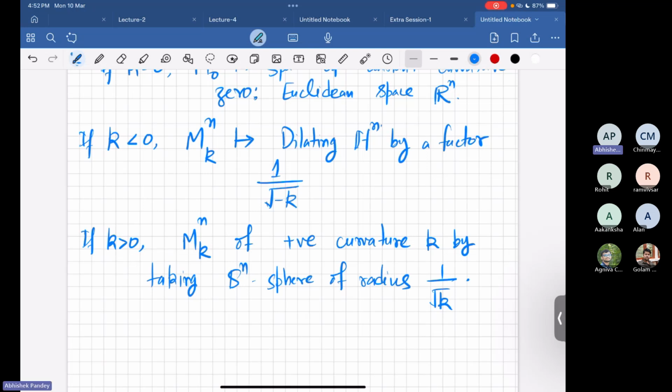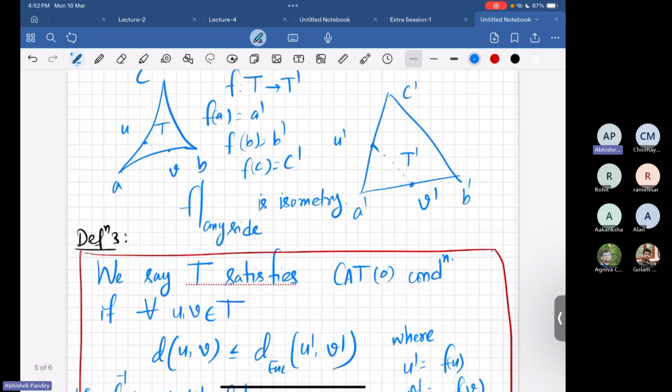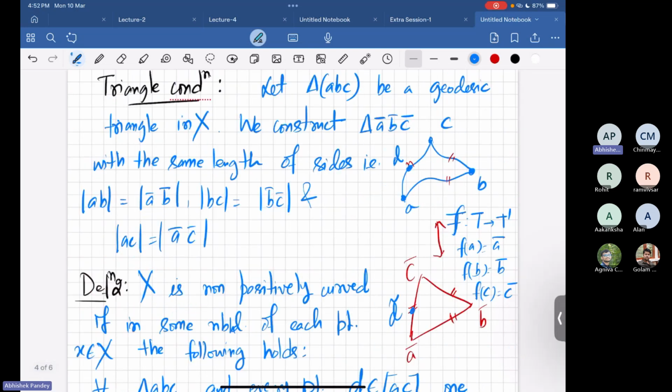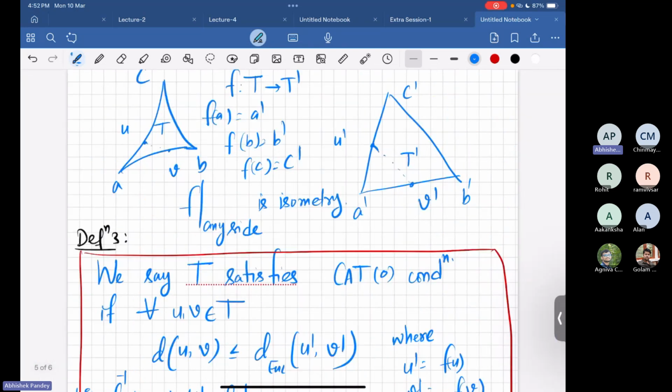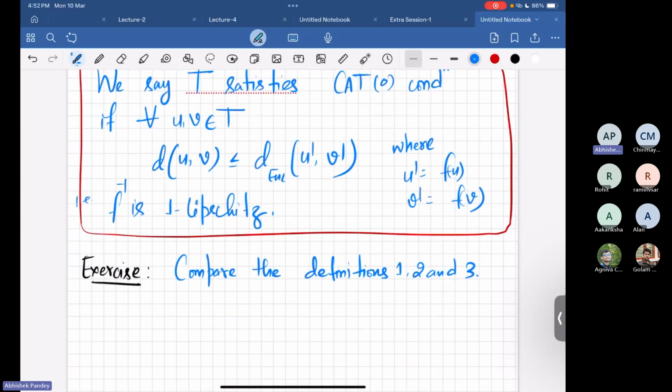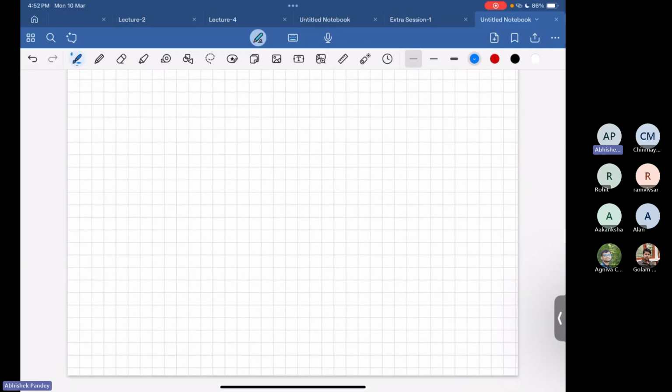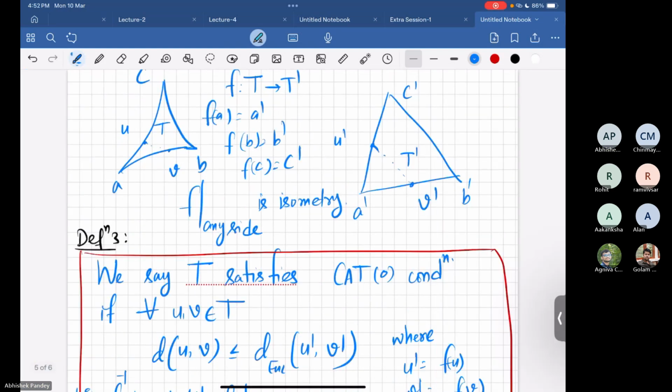Okay, so now we have this comparison triangle, and the way we did in the CAT(0) space. I was motivated to define the CAT(0) space by this triangle condition. In a similar way we are going to define the CAT(k) spaces. For CAT(0) spaces we take k equal to 0, so we take the comparison triangle in Euclidean space.